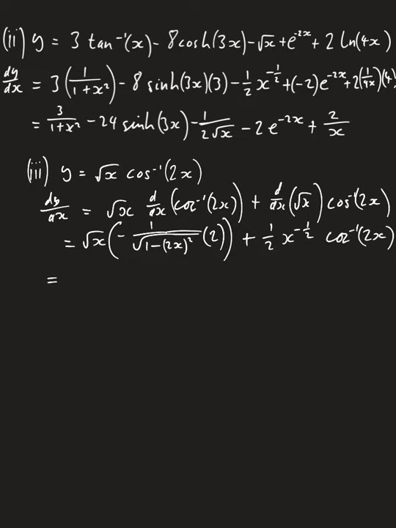That's equal to minus 2 times the square root of x divided by the square root of 1 minus 2x squared, which gives me 4x squared when I multiply it out. And on the right there I have 1 over 2 times the square root of x as above times the inverse cosine of 2x. And that's the answer.